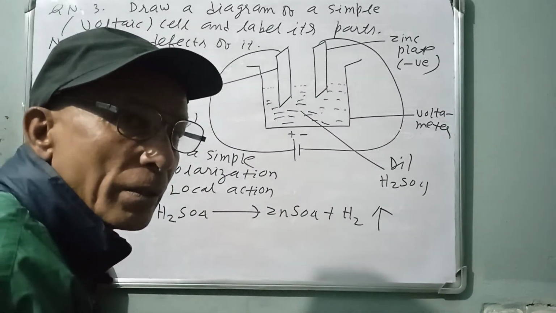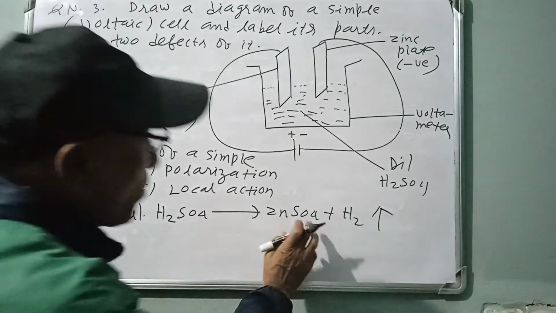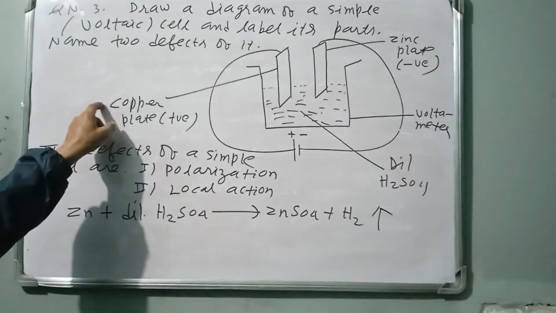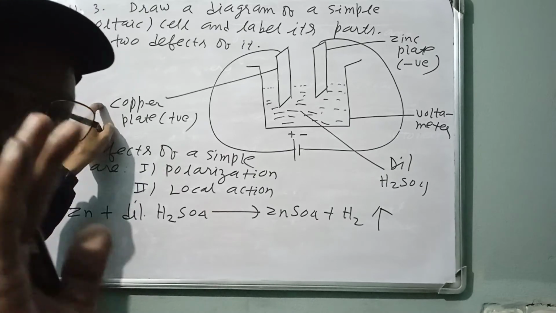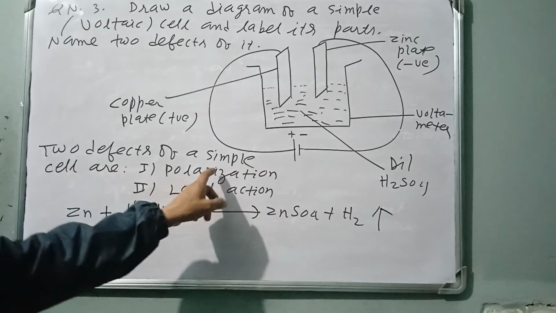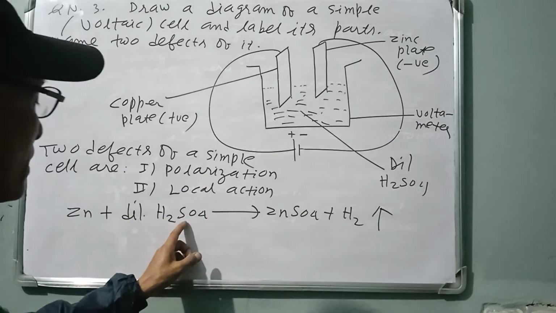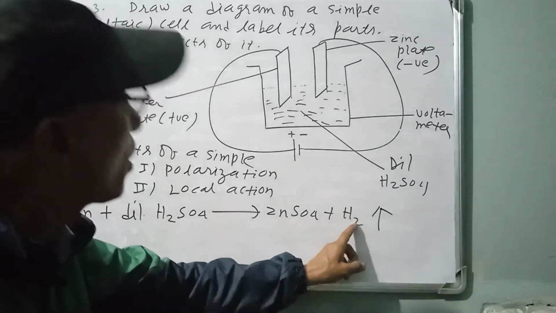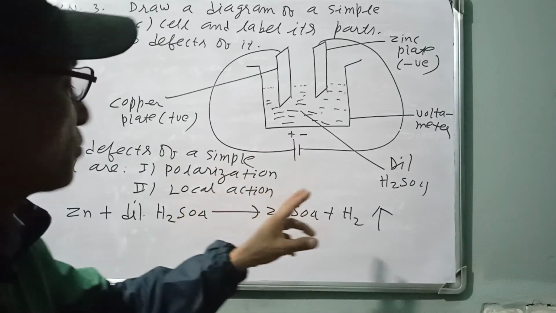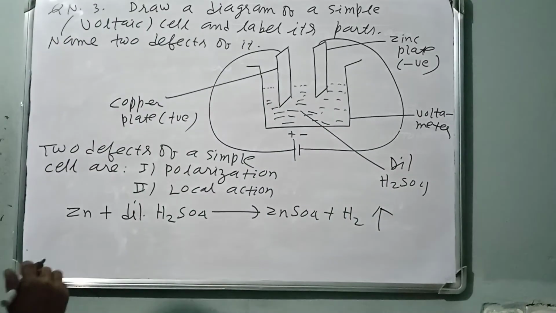Hydrogen gas is collected on the copper plate, and this defect is called polarization effect. अर्थात् जिंक र सल्फ्युरिक एसिडबाट जुन ग्यास बन्छ त्यो कपर प्लेटमा जम्मा भएपछि यसले काम गर्न छोड्छ, त्यसलाई भन्छ पोलराइजेसन.